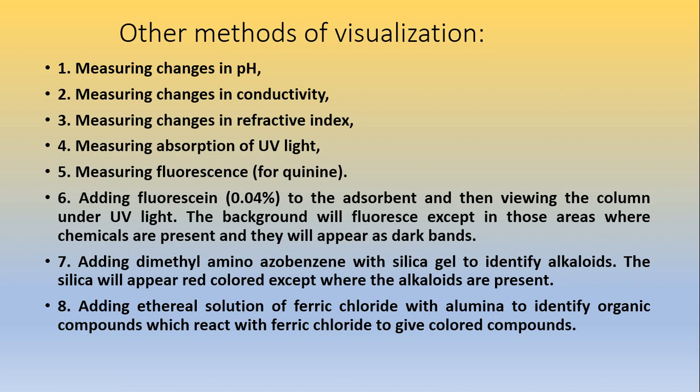So we can differentiate these chemical bands present in our column from the remaining portion of the stationary phase. So we can see which type of components and how many components are present in our sample.